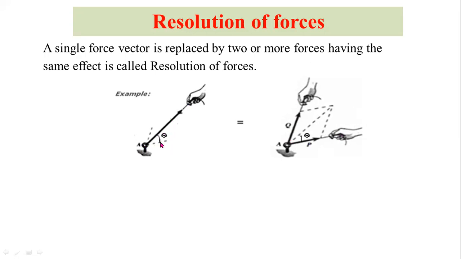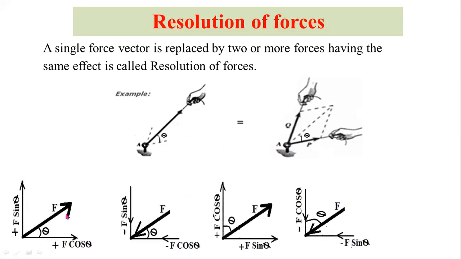Now here I want to convert this single force vector into two force vectors, that is horizontal force vector and vertical force vector. I want to convert this inclined force into horizontal force and vertical force. These are the examples for resolution of forces. I will explain one by one.